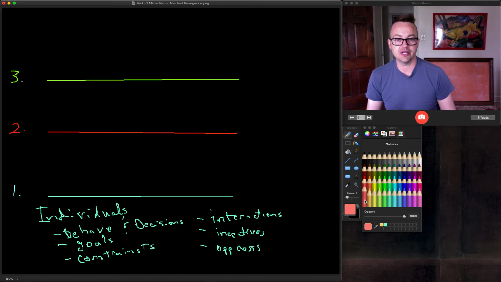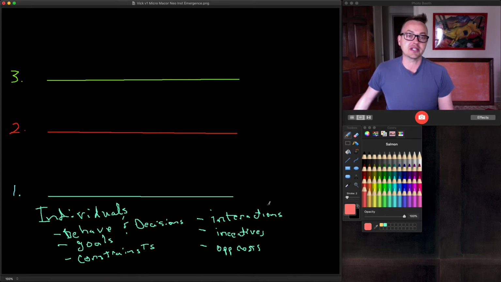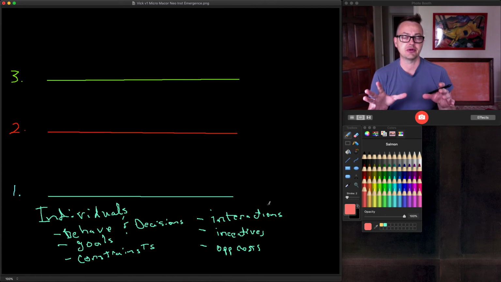Now what's interesting in economics, and this is something that was thought about for a long time, including some ideas of Adam Smith, is that when we have individuals interacting, following their goals, being constrained by things, making decisions based on incentives, you get this interesting phenomenon where you have lots of people interacting.